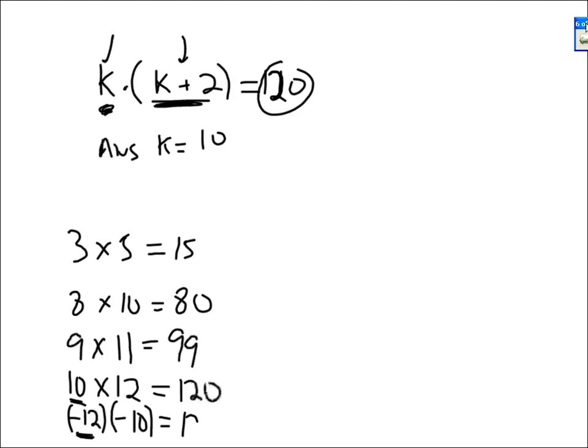And that product is also 120. So K can also be -12. Now, if the value of K has some physical meaning, you may have to reject one or the other, or possibly both.